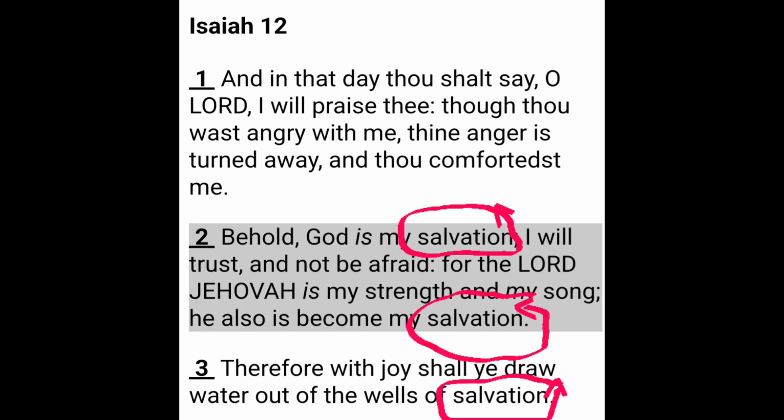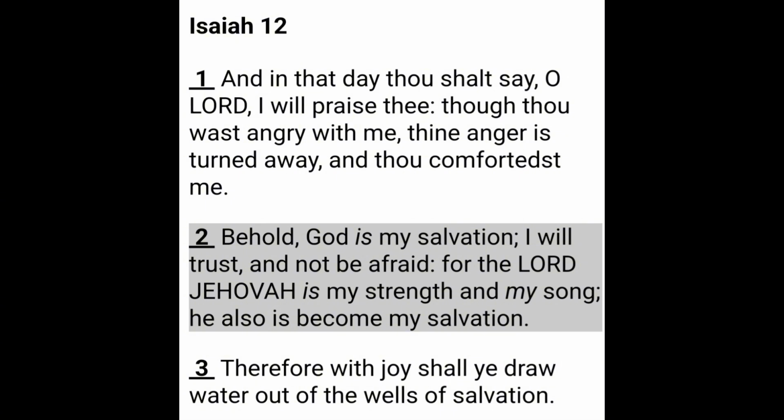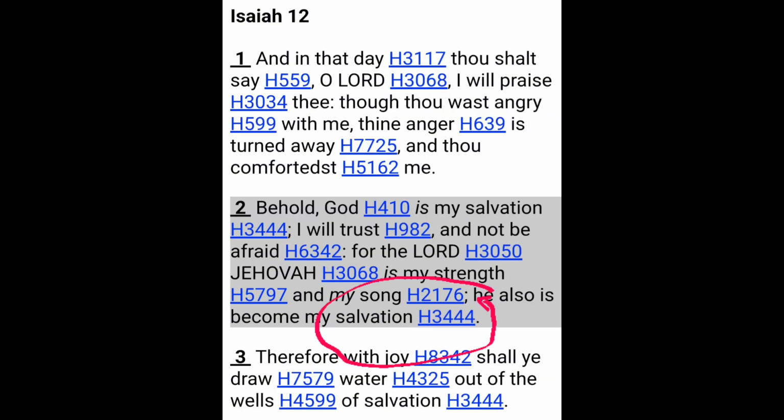Here we find the word salvation 3 times in Isaiah 12, verses 2 and 3. Notice that each time here, the word that's used is H3444.